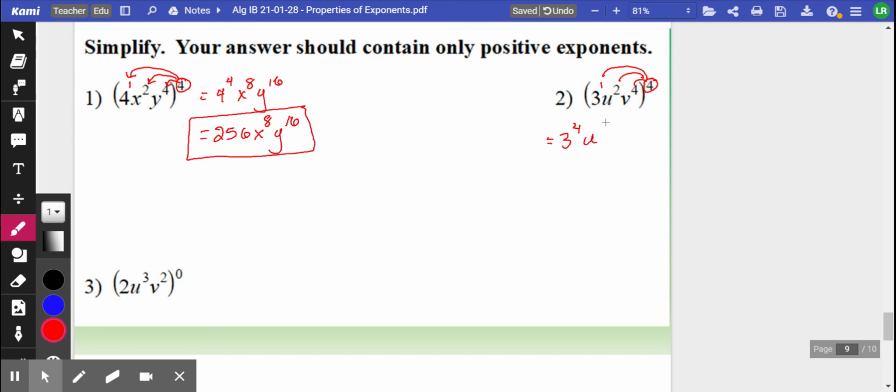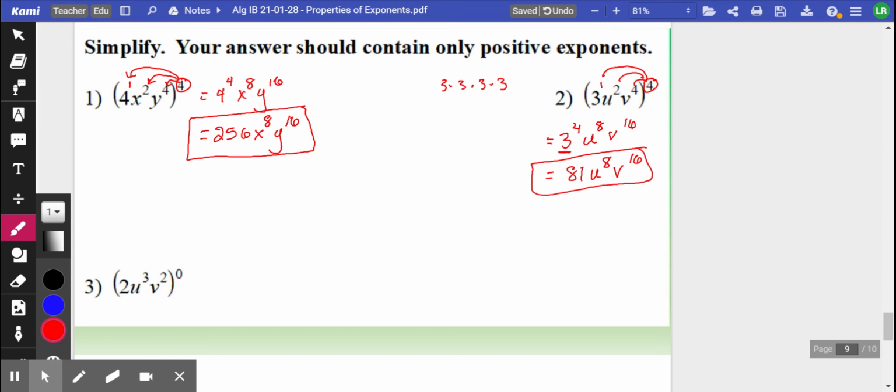For the u, 2 times 4 is 8. And for the v, 4 times 4 is 16. And now I'm going to take care of 3 to the 4th power. Remember, that's 3 times 3 times 3 times 3. That would be 81. U to the 8th, v to the 16th. No 0 or negative exponents to deal with, so I am done.